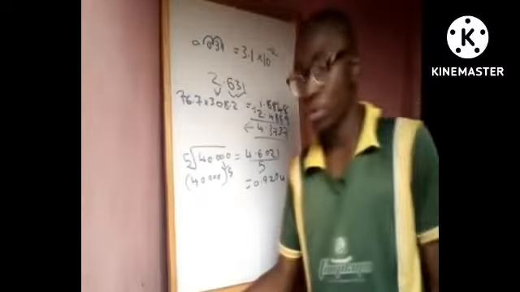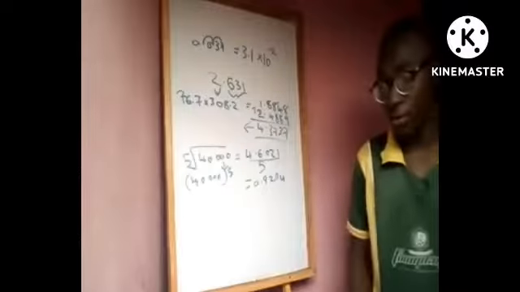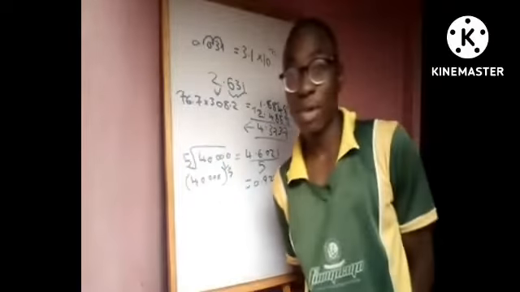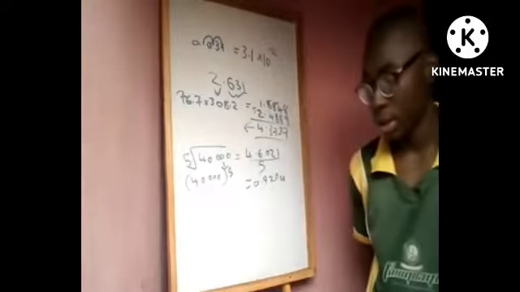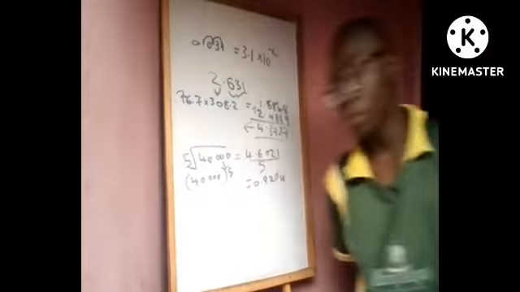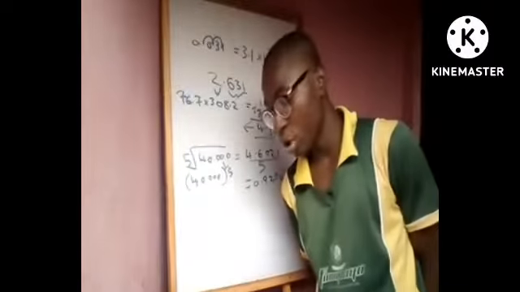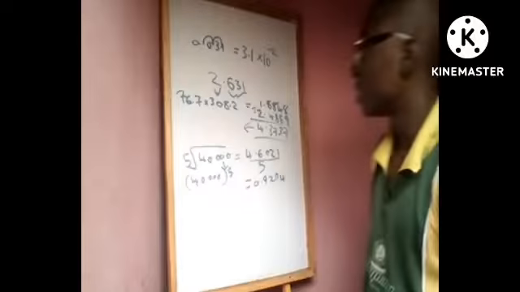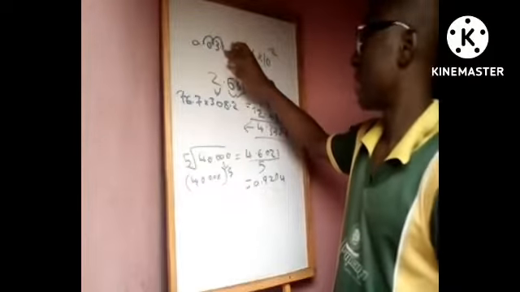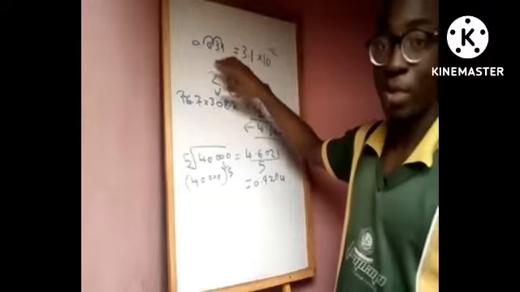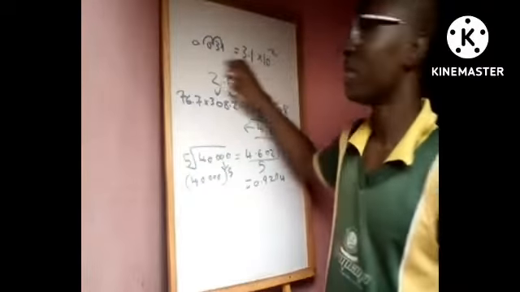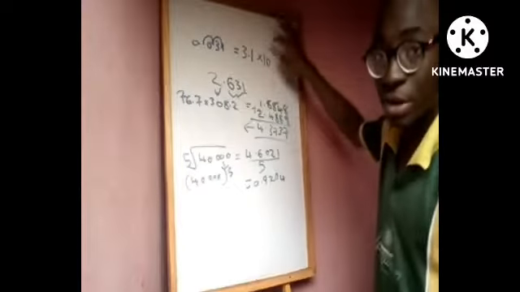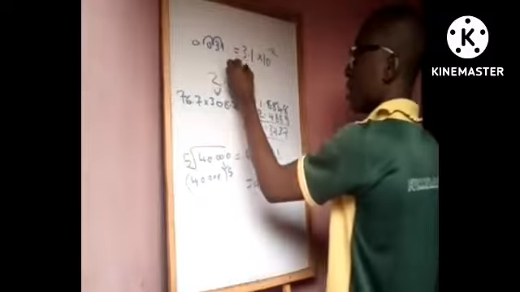So let's go on formally to logarithm of numbers less than 1. Anytime you have numbers that are less than 1, they always have a negative logarithm. For example, the logarithm of 0.031 is minus 2.5682. Whenever you express 0.031 in standard form, you can see that it is 3.1 times 10 to the power minus 2. So this minus 2 here will be the characteristic.